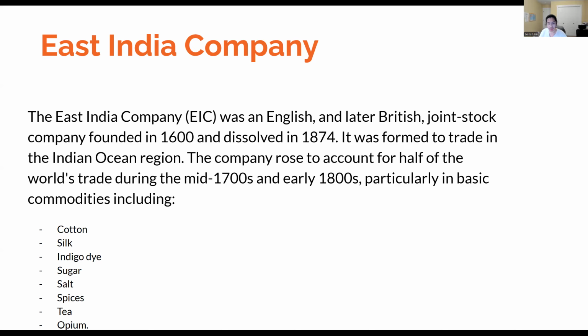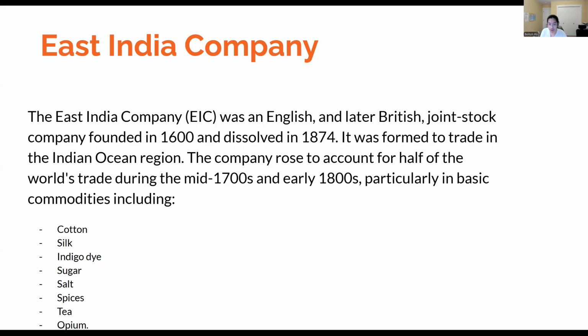The company rose to account for half of the world's trade during the mid 1700s and early 1800s. So that's a large portion. So you guys know how big this thing was. Particularly, they traded basic commodities such as cotton, silk, sugar, indigo dye, etc. And of course, opium, right? Because Opium Wars, China.